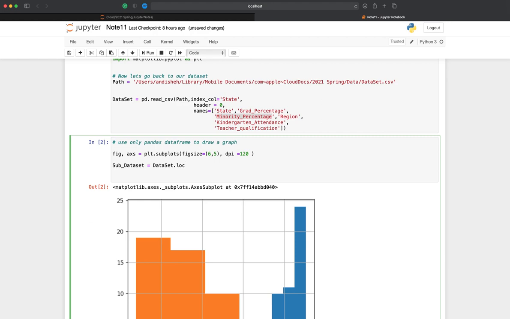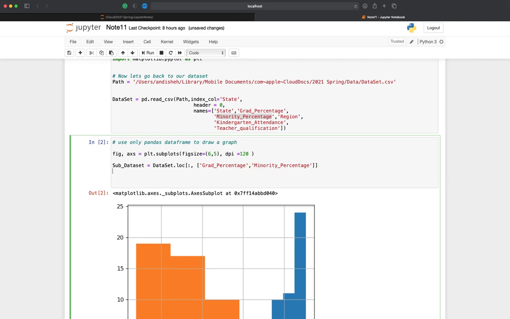I can use LOC, and then I say I want all the rows and I want 2 columns, both of the columns that are numerical variables, this one and this one.